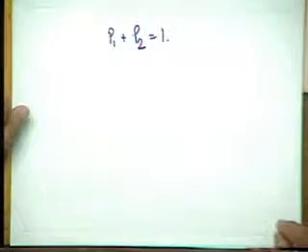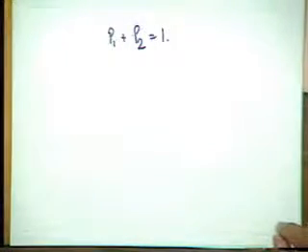Now, what type of distributions are we going to choose for the dark region as well as for the bright region? It is generally standard practice to choose Gaussian distributions for both.